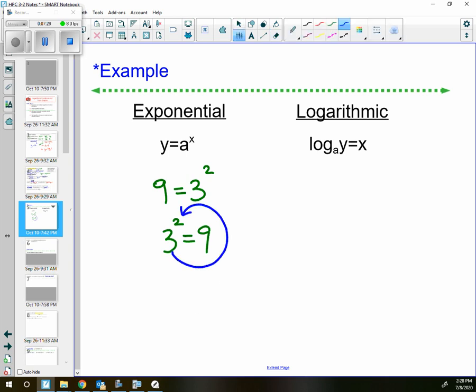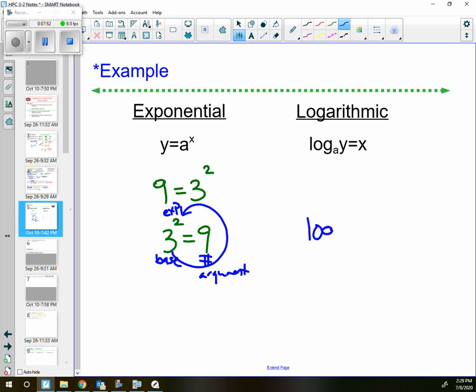For me, that's the easiest way to kind of think about it and write it out. So 3 to the second power equals 9. So the 3 is the base. The 2 is the exponent or the power, right? And this 9 is the number that you get for your answer or that argument that we were talking about. So that's that value. So what would that look like in corresponding log form then?